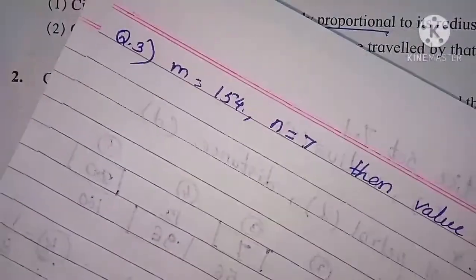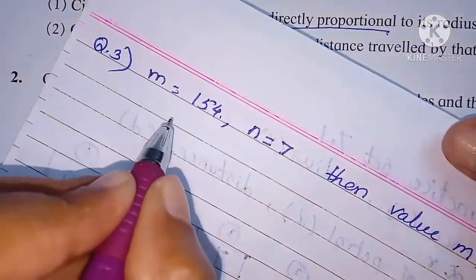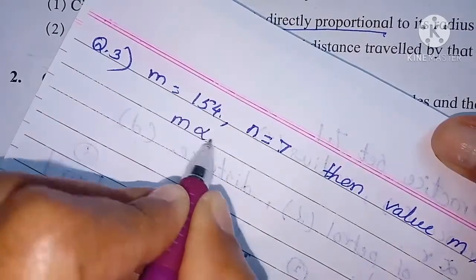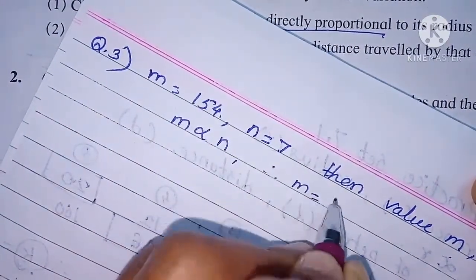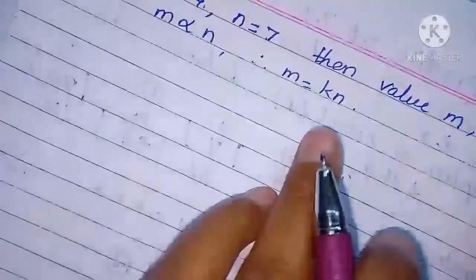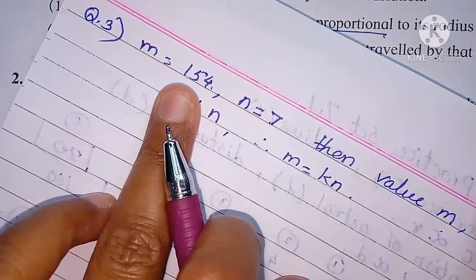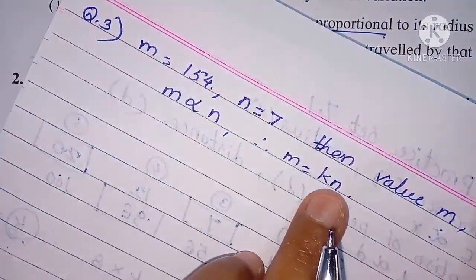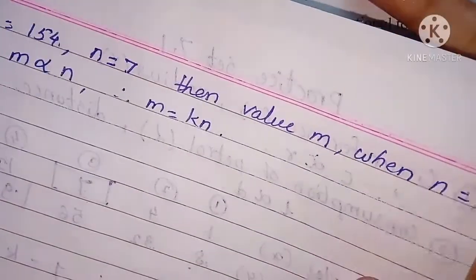Now for this, first find the value of k. Here it is given m is directly proportional to n, therefore m is equal to kn. If m is equal to 154, n is equal to 7, find the value of the constant of variation, and then find the value of m when n is 14.